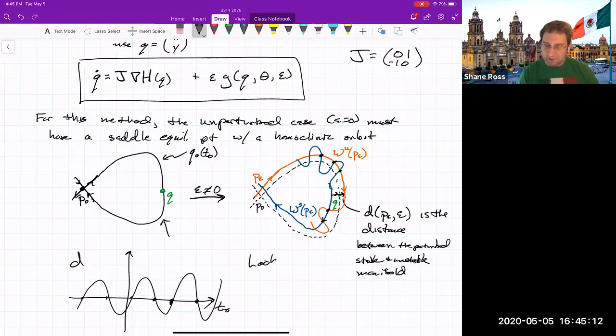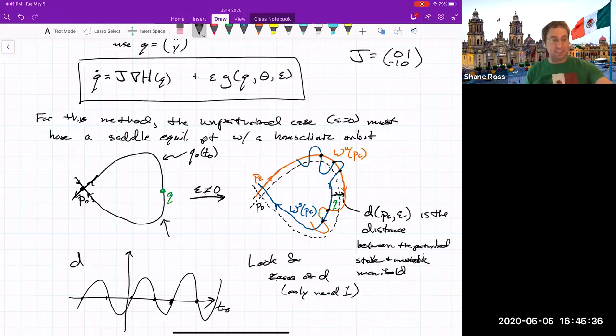So you look for zeros of D. You only need 1, because once you've found 1, there must be an infinite number. So the distance going to 0 means that the stable and unstable manifolds of that fixed point intersect infinitely many times.